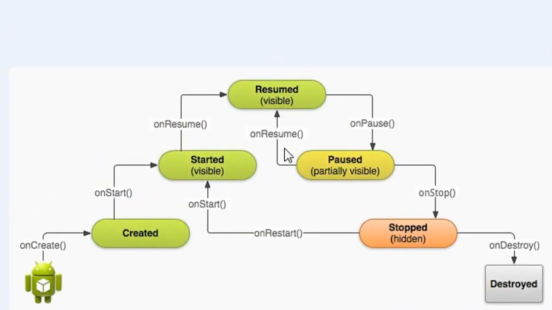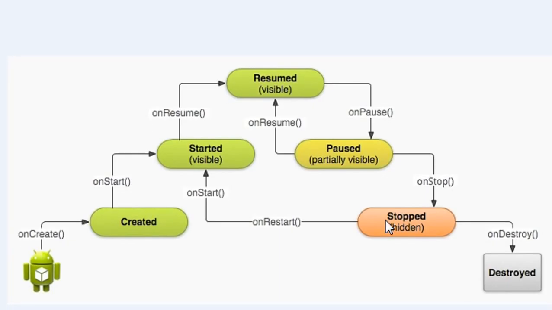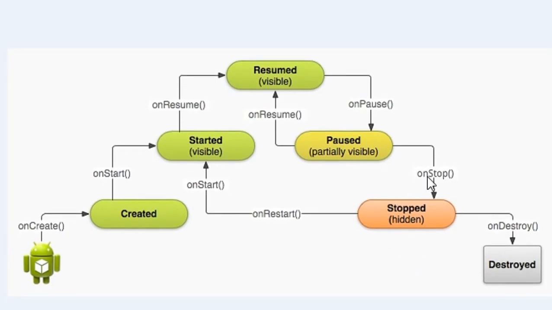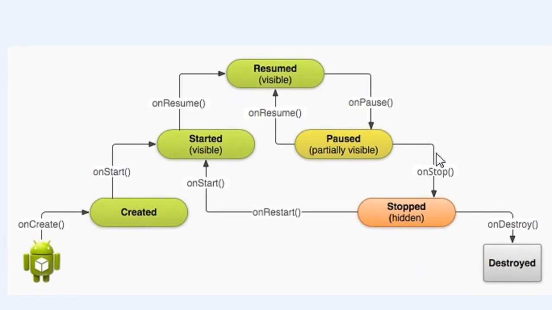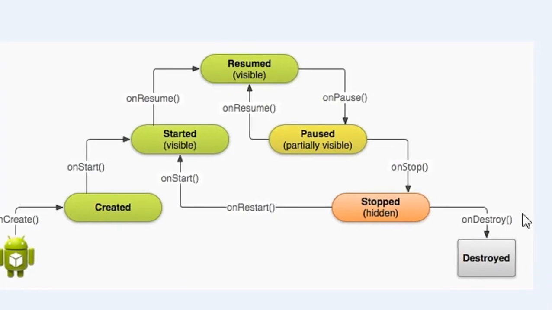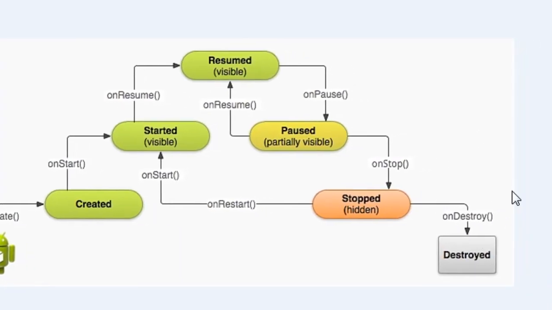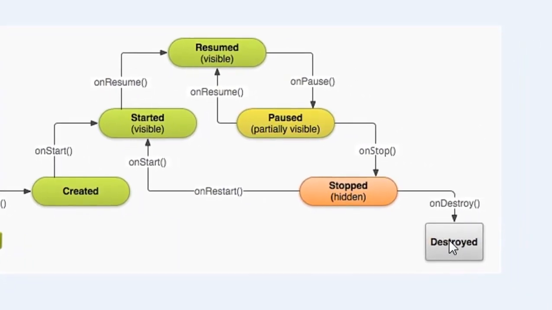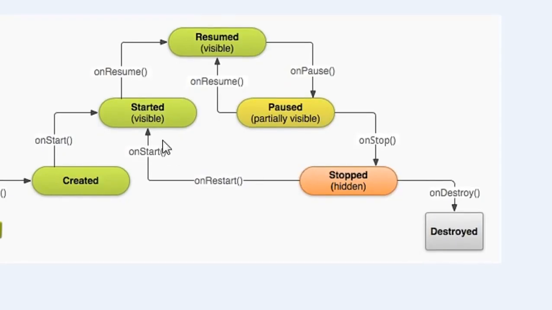If a user closes the activity, then first it will call the onPause method, then it will call the onStop method. Only after that is it hidden from the user. Finally, the system will call the onDestroy method, and the activity is completely removed from the system.